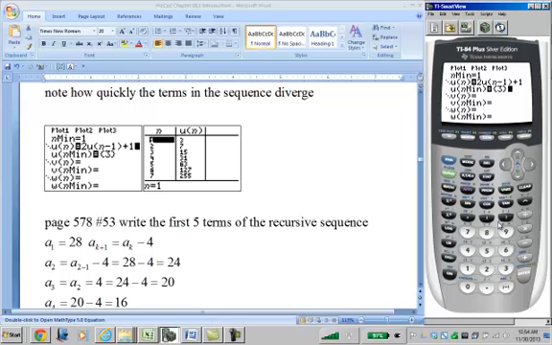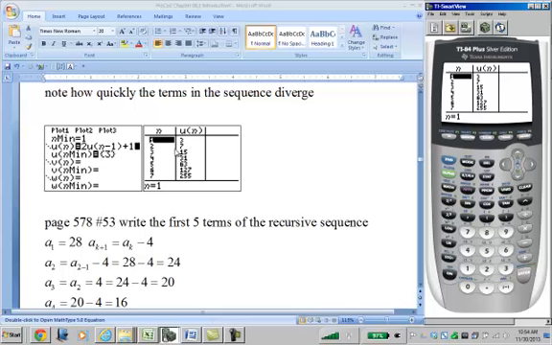The rule is 2 times the previous number in the sequence plus 1, and the initial value is 3. So now I hit second, and there's my table, and there are my numbers. That's about it.